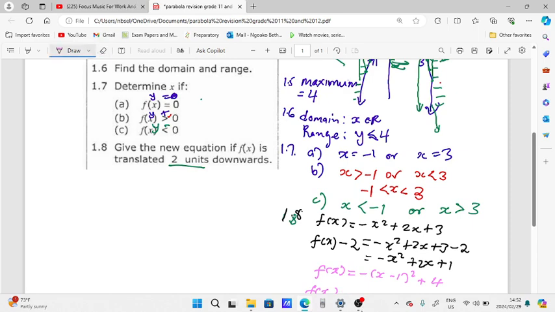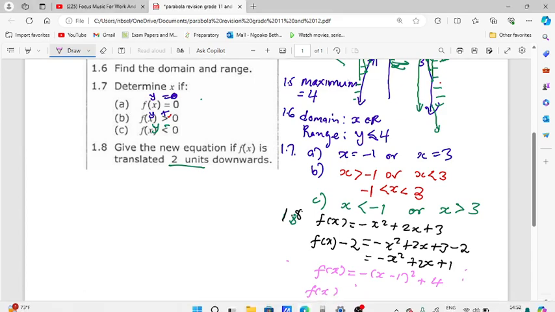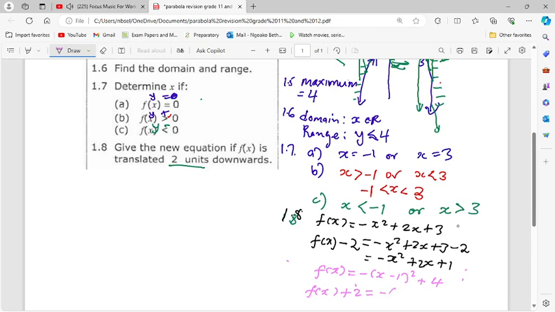So what we have here is f of x minus 2 equals minus into x minus 1 all squared plus 4 minus 2. Sorry for that, it's supposed to be minus 2.